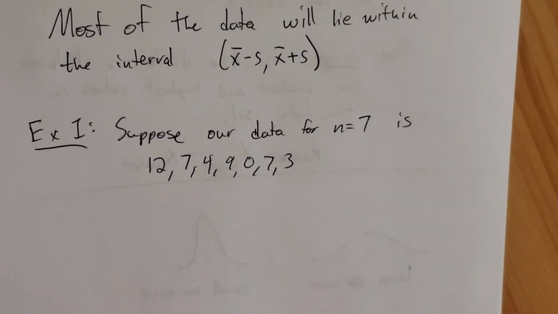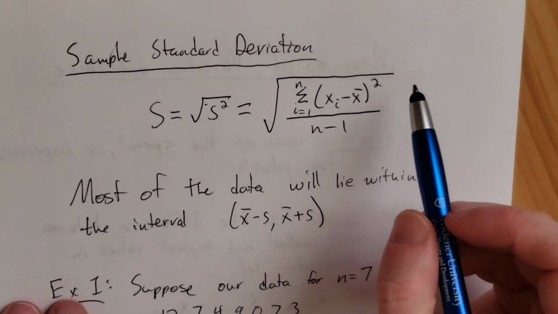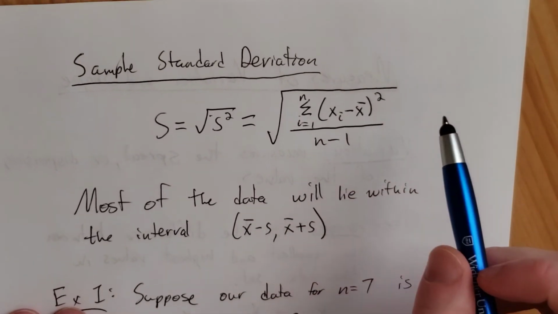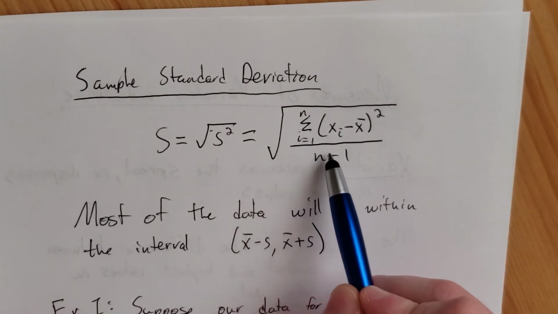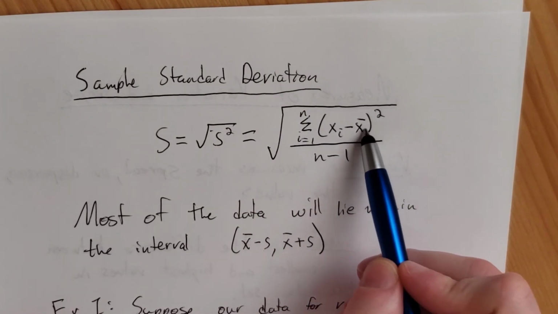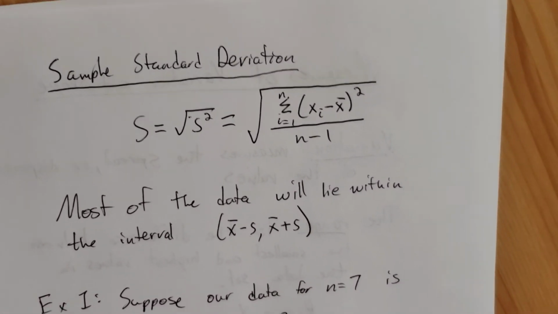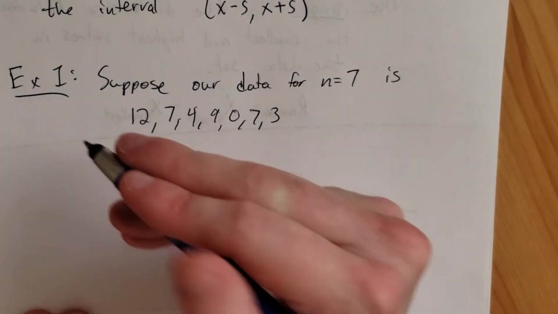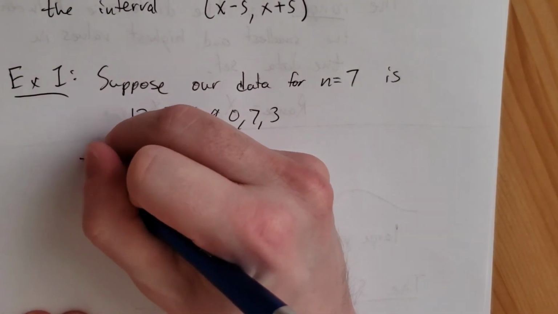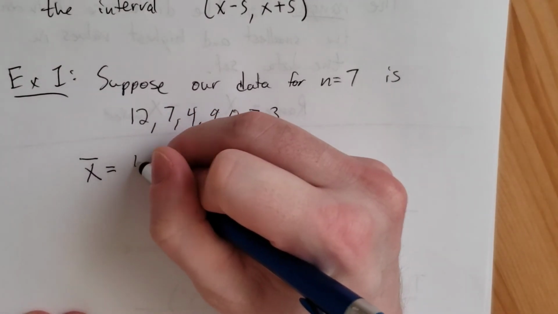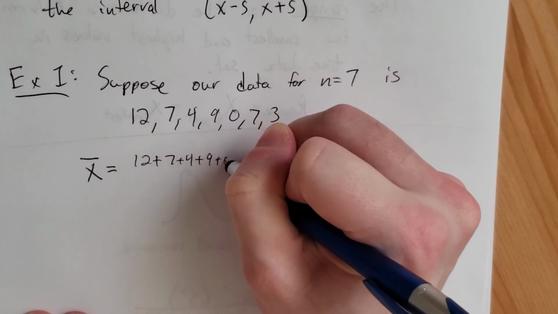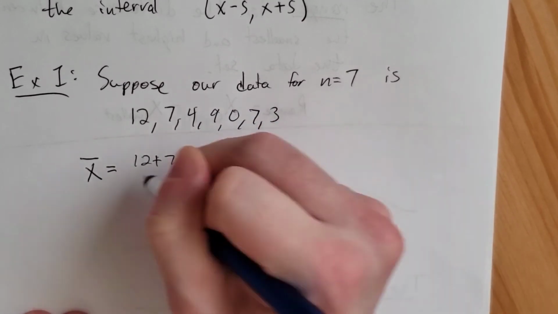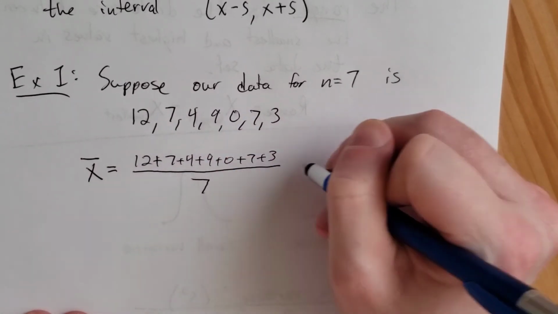Well, first thing you want to do if we're trying to find the standard deviation is to find the variance, but the variance is just this thing inside the square root here, and to find that we need to know what the mean is. So we need to find the mean first. So x bar is equal to 12 plus 7 plus 4 plus 9 plus 0 plus 7 plus 3, all divided by 7.